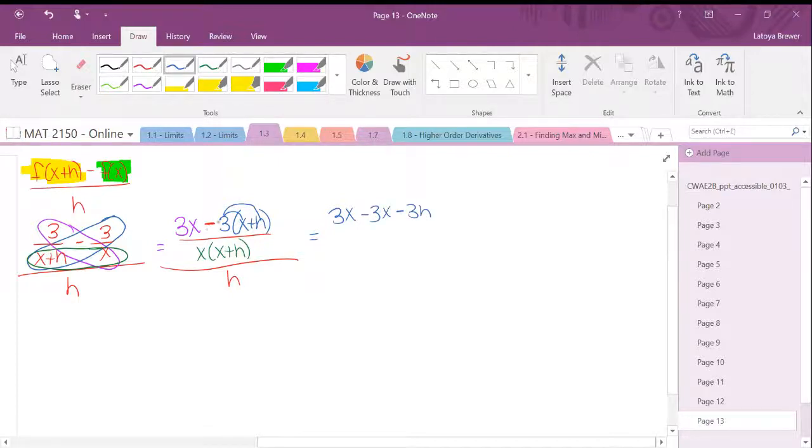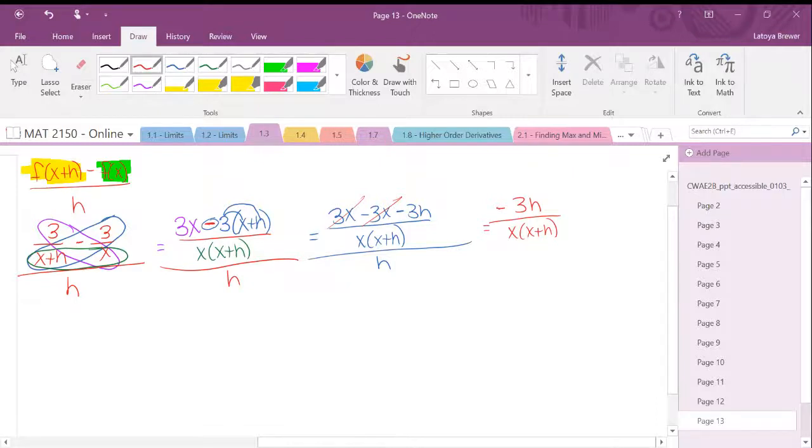Remember, you are distributing that negative along with that 3, divided by x times x plus h all over h. And if you pay attention to your numerator, you have a 3x minus 3x, and what that leaves you with in your numerator is just a negative 3h divided by x times x plus h.